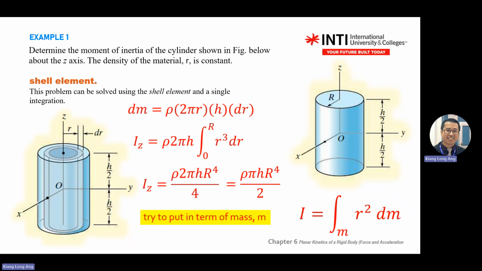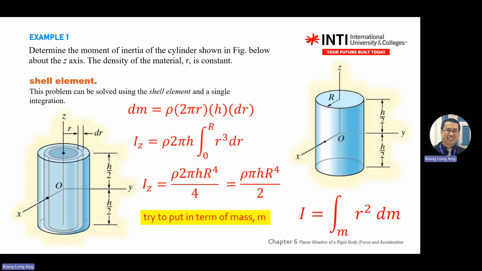Can you change this into mass? I_z equals how many m? You understand what I'm asking, right? We want to put it in terms of mass. This one changed to m.